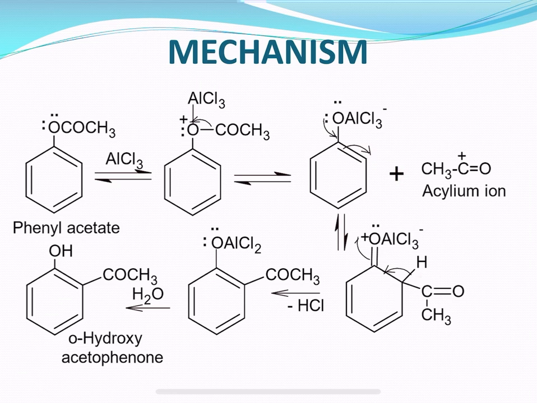Next, the hydrogen present here will abstract one chlorine from aluminum chloride, thereby converting it into hydrochloric acid, and it will get liberated or eliminated. Upon hydrolysis, in the next step, the hydroxyl group is formed and the final product orthohydroxyacetophenone is obtained.